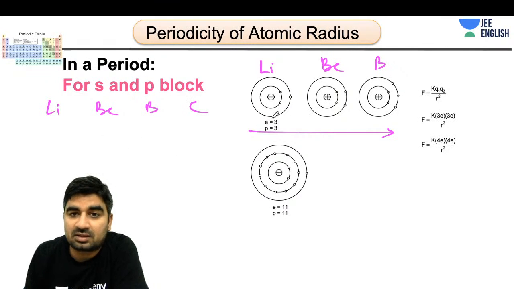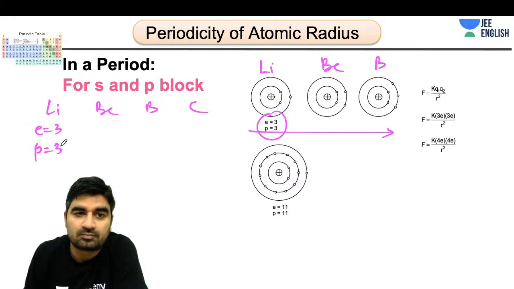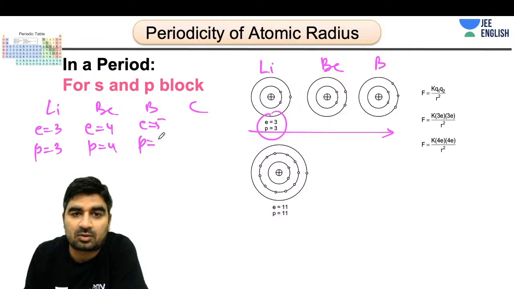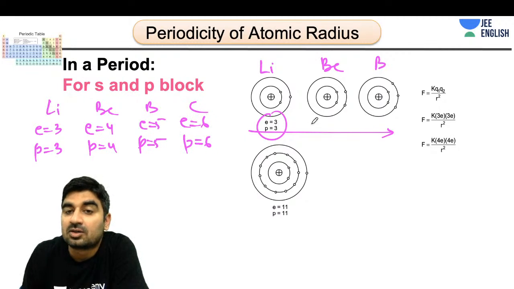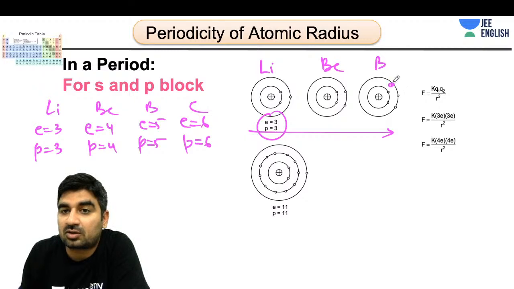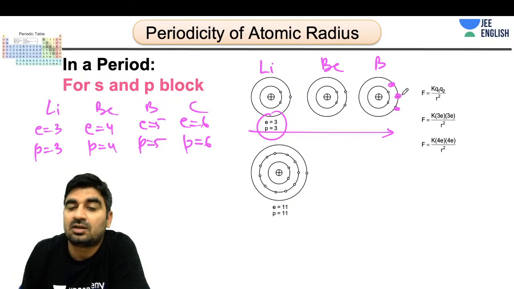Here we are having 3 electrons, 3 protons, 4 electrons or 4 protons, 5 protons. But the new electrons are added in the same shell, in the second shell only. Got it? New electrons are added in the same shell.